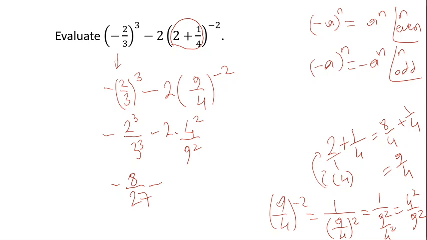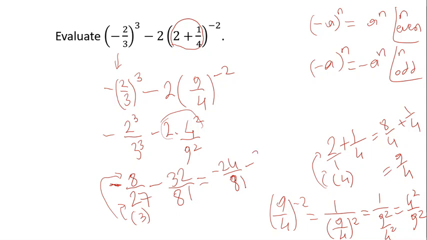And this will be, if you calculate, 32 over 81. So how do you make them the same? The common denominator. So you multiply with this 3. It will be 24 over 81 minus 32 over 81.